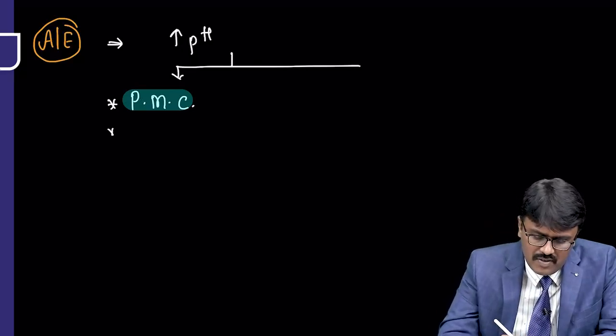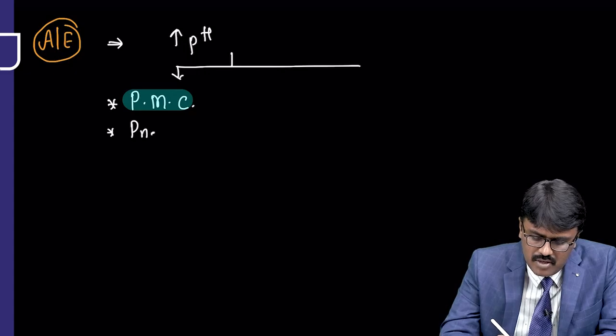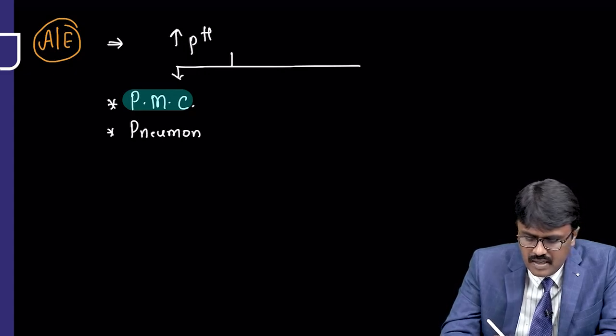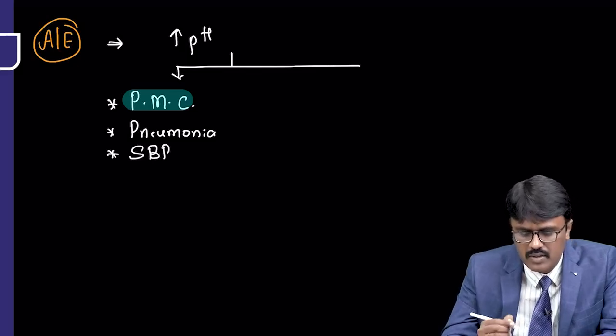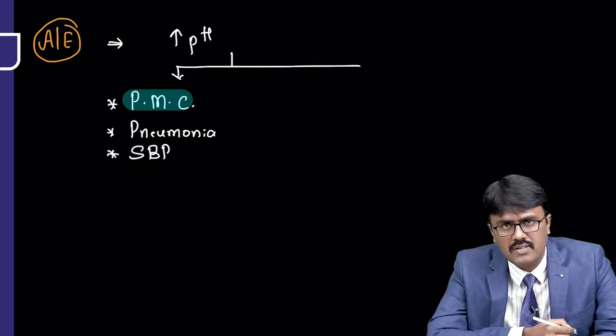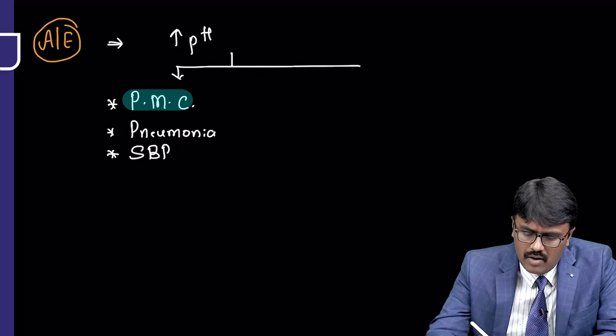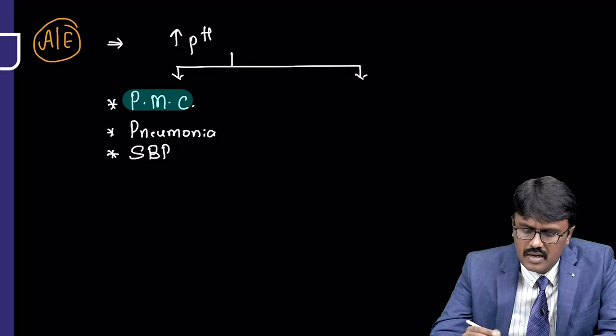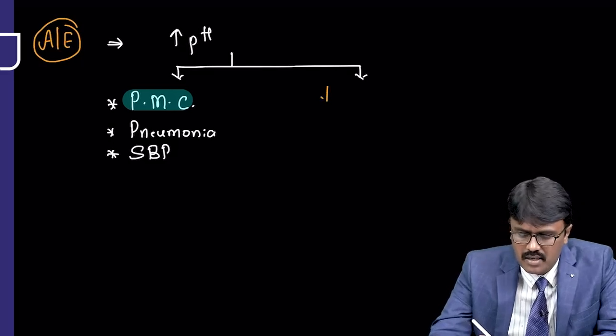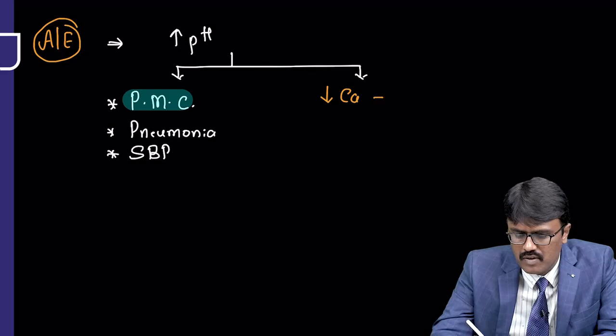The second problem we can see is there is a chance of pneumonia and a chance of spontaneous bacterial peritonitis. So the infection increases. Along with that, there is deficiency of certain elements. For example, there is decrease in calcium, and you know that it will lead to osteoporosis.